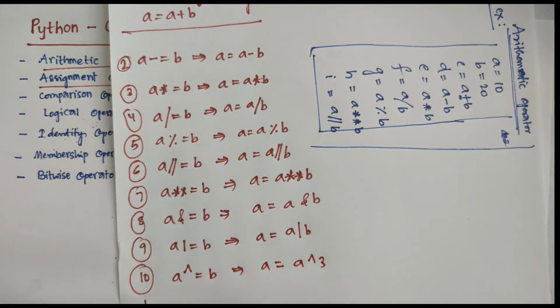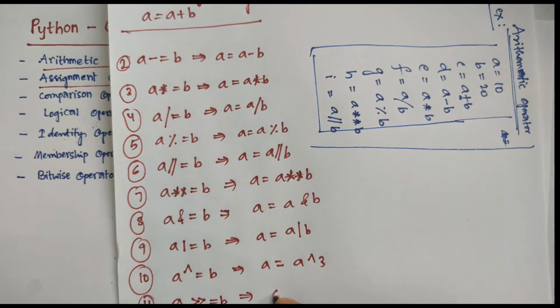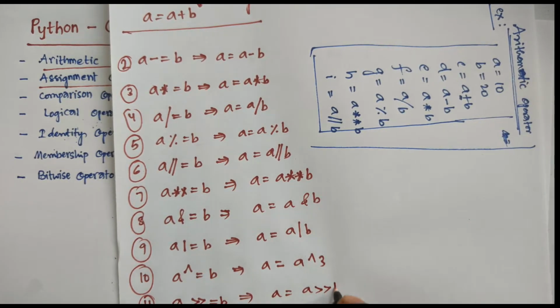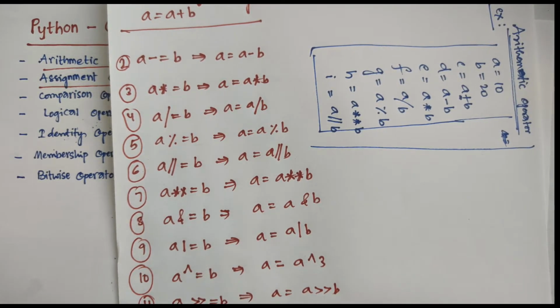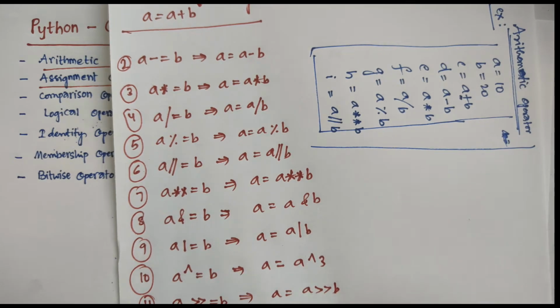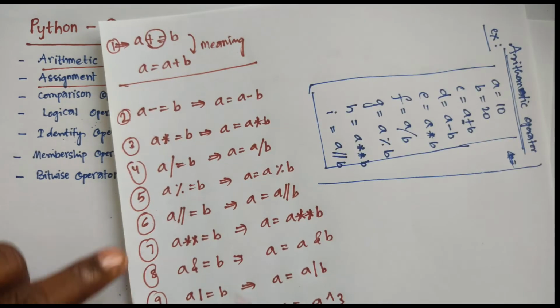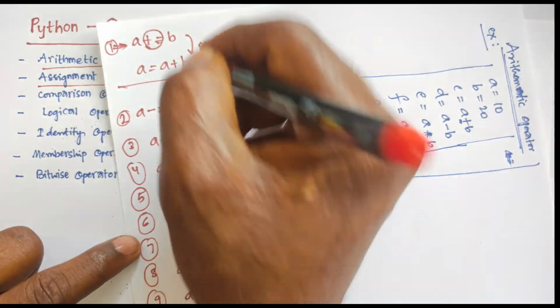Next one is a right shift equal b, which can be represented as a is equal to a right shift b value. Next, a left shift equal b, then it can be a is equal to a left shift b. So all are assignment operators.